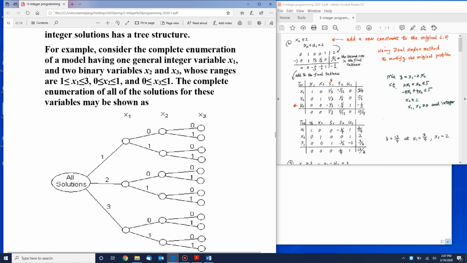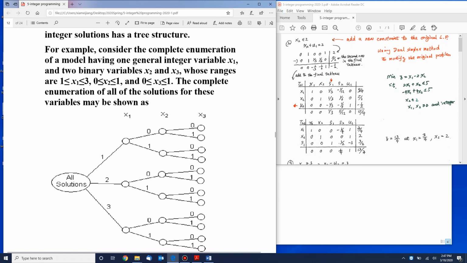Then once we get the result for each of them, because x2 is between 0 to 1 and we need integers, we say, okay, how about x2 equals 0, x2 equals 1, for this branch we use that.